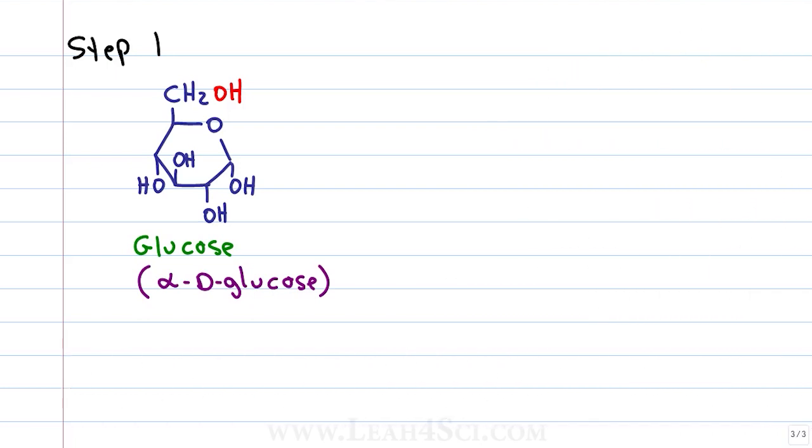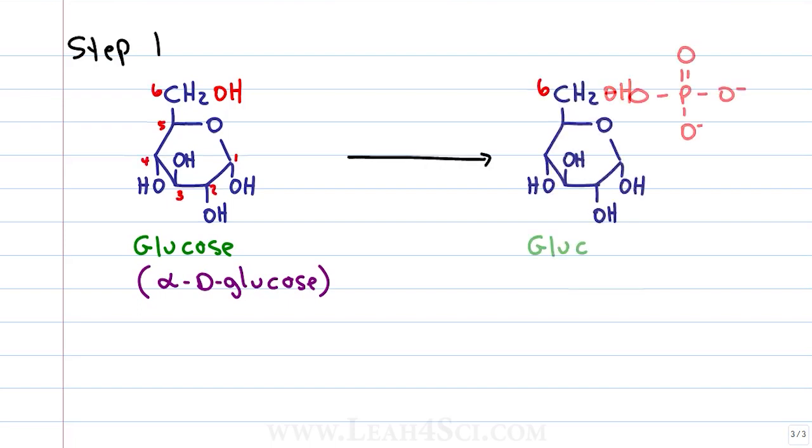In step 1, in order to trap the glucose in the cell, we add a negative phosphate group onto carbon 6. The product is a glucose 6-phosphate, or G6P. That phosphate group means that glucose can no longer get back out through the glut transporter, which is how it got into the cell, and that means it's now available to be attacked by additional enzymes undergoing additional reactions without escaping.